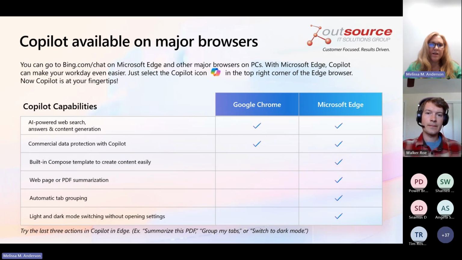Yeah, I've had a chance to work with this and play around. I've been using Copilot since it became available in the Edge platform, the Chat GPT type function of it, to play with it and learn how to write my prompts so that I can get the information that I need.